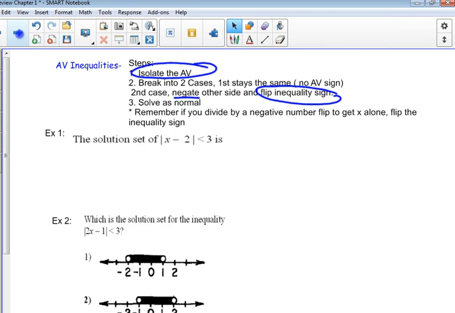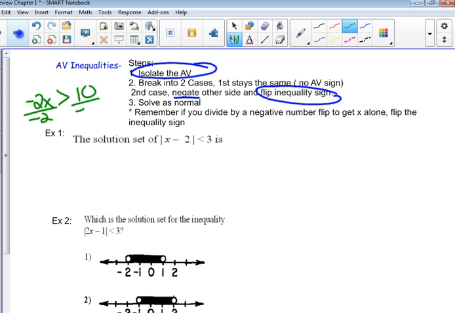Just make sure, in case this comes up, remember if you guys divide by a negative number, we have to flip the inequality sign. So if you had something like -2x is greater than 10, and you were going to divide by a negative, it switches, so you got to flip your sign. Right, so just in case that comes up.